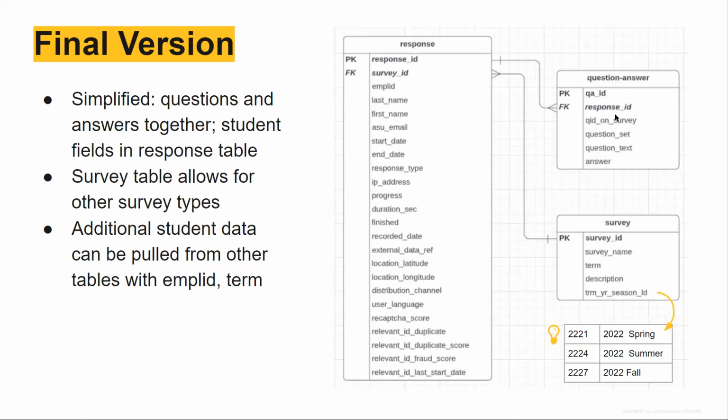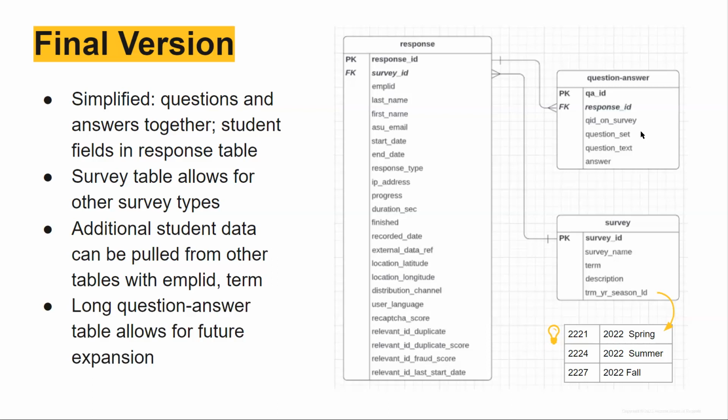And then the response ID that relates back to the response table. The only other fields we had were QID on survey, question set, which I'll talk about in a minute, question text, and answer. So this again is the long table that I gave you the little visual about just a minute ago. It's the table with the most rows in our whole database.